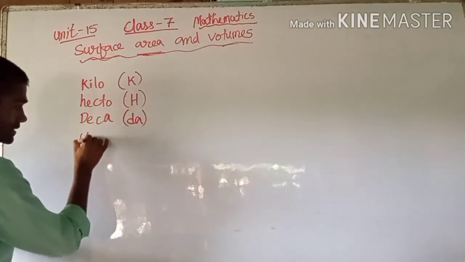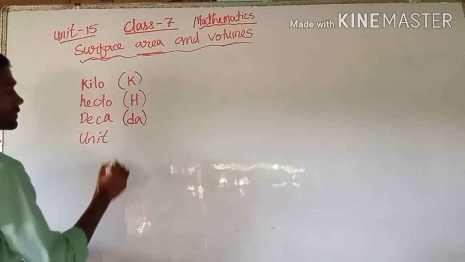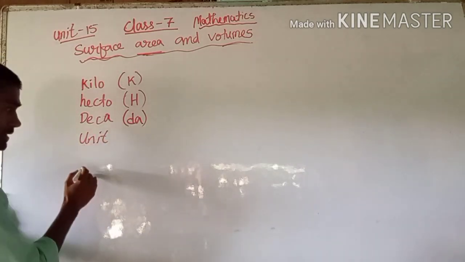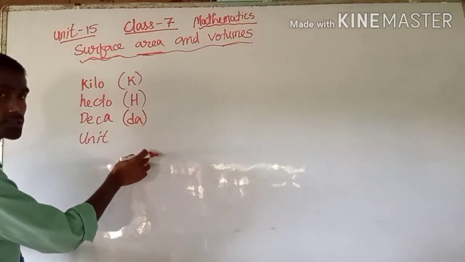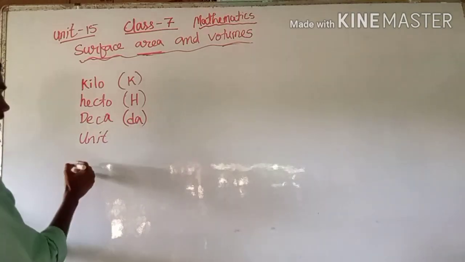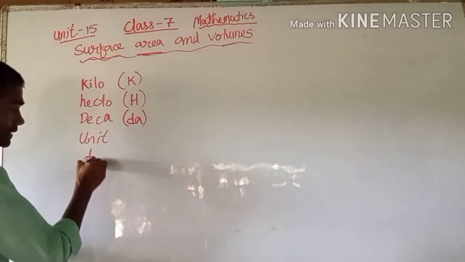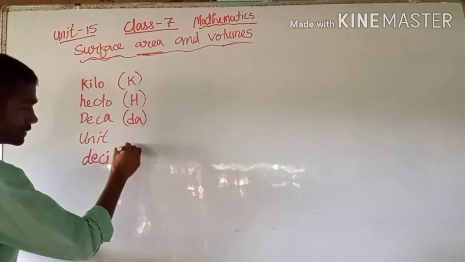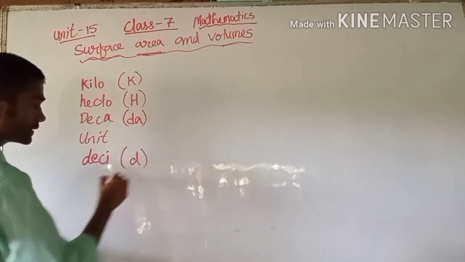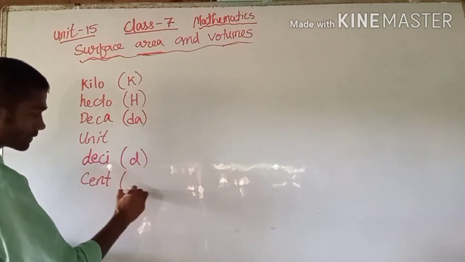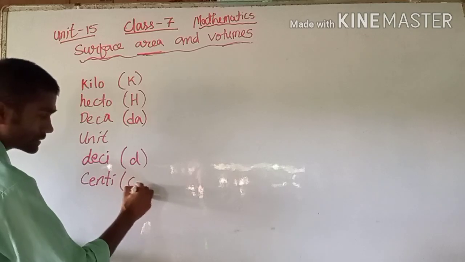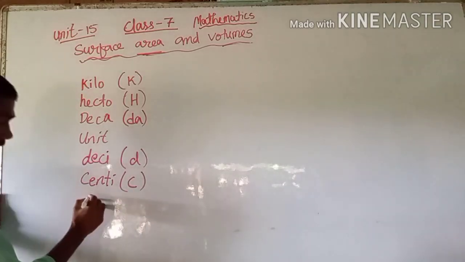Next is the unit itself, whether it is meter or liter, in this way. And the next is deci, for which we use D. Centi, C. Again milli.